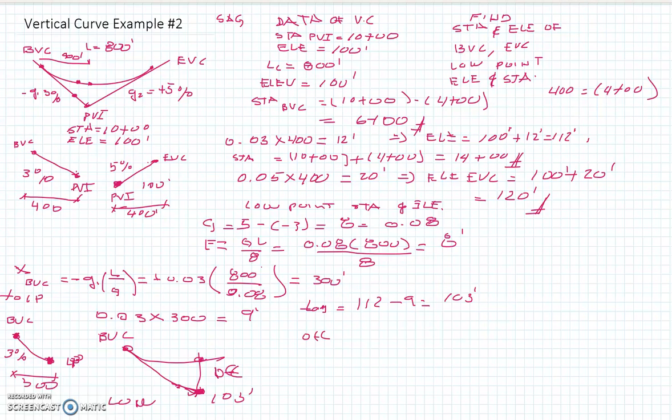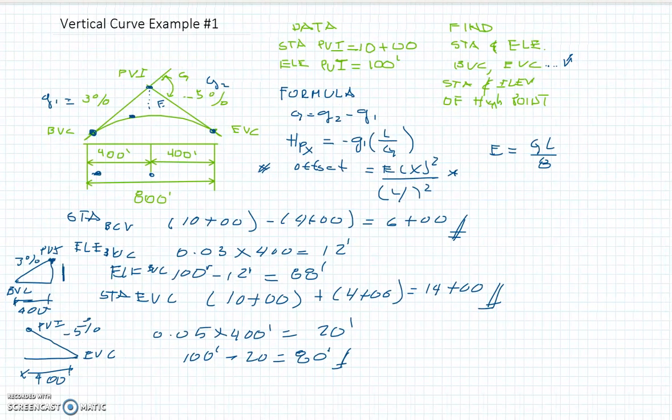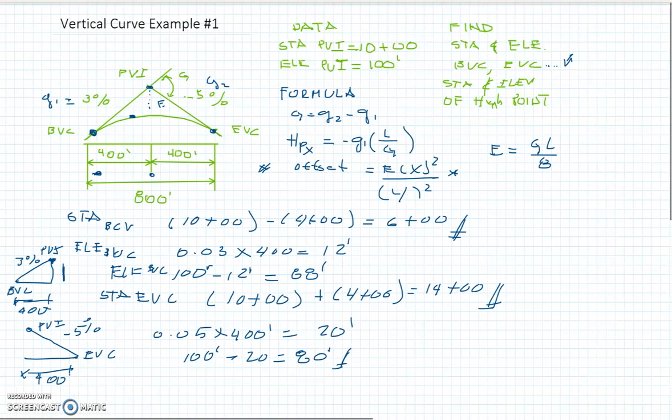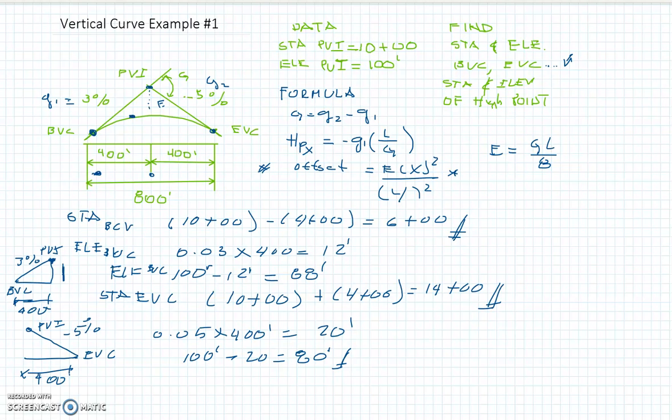So my offset will be equal to, going back to the formula, E times X squared divided by L over 2 squared. Oh, I missed the 2 here.